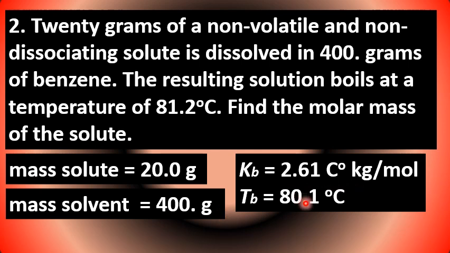Also, the molal boiling point elevation constant, K_B, of benzene is given as 2.61 Celsius degree or Kelvin kilogram per mole, which is also the same as Celsius degree or Kelvin per molal. And likewise, the boiling point of pure benzene is equal to 80.1 degrees Celsius.